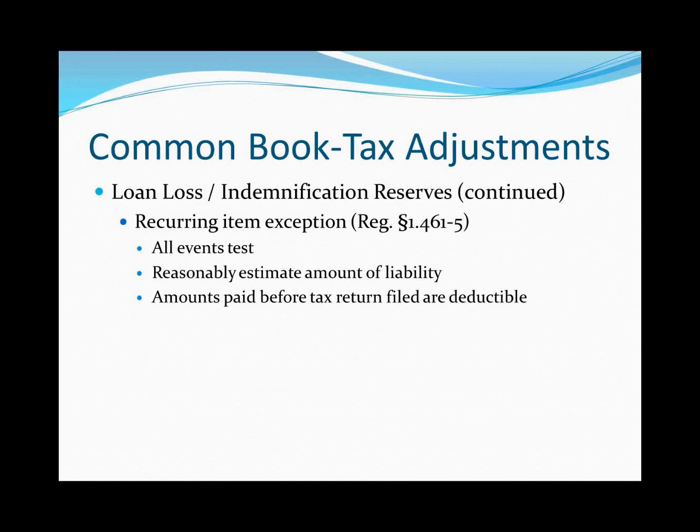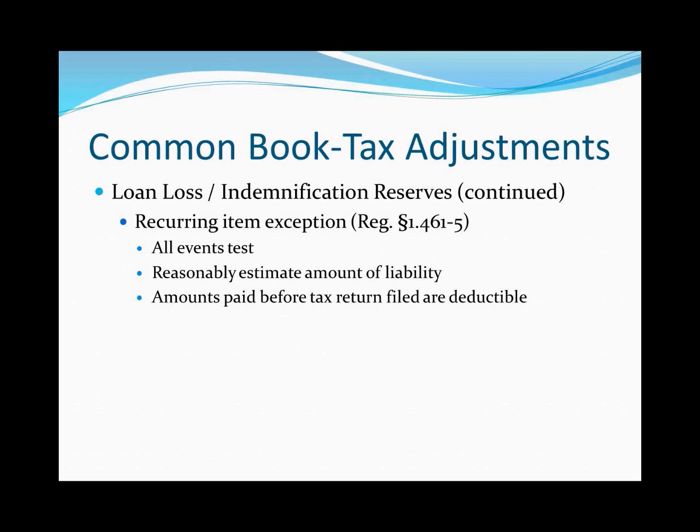The recurring item exception is in the regulations under 461-5, and there are really three requirements that have to be met in order to apply it. One is the all events test, which essentially says that all events have occurred that establish the fact of a liability.